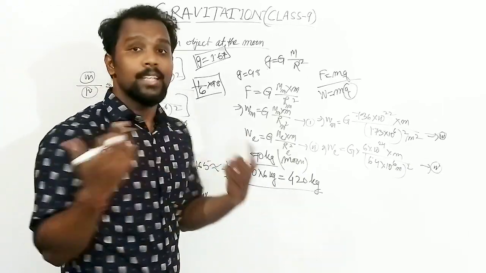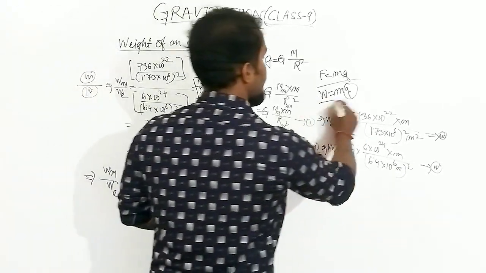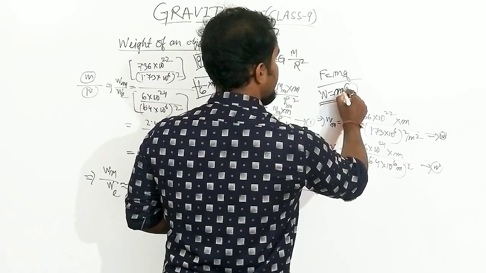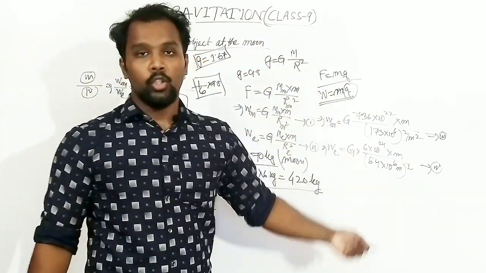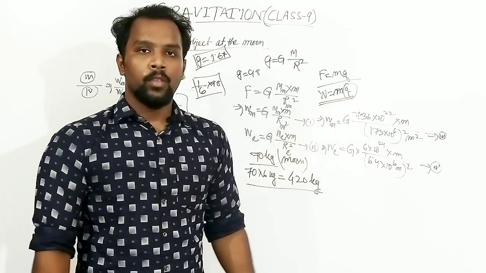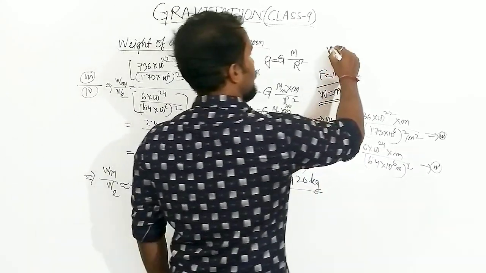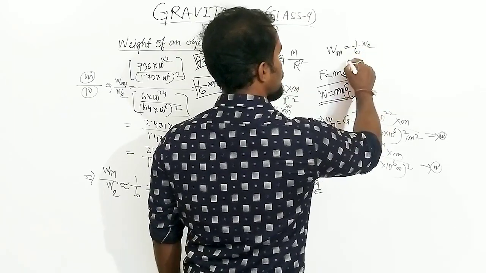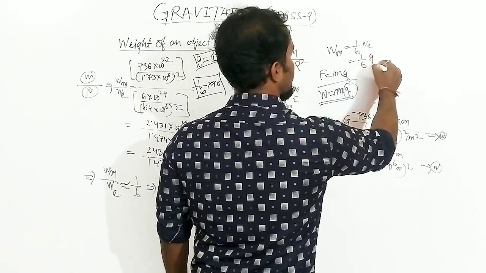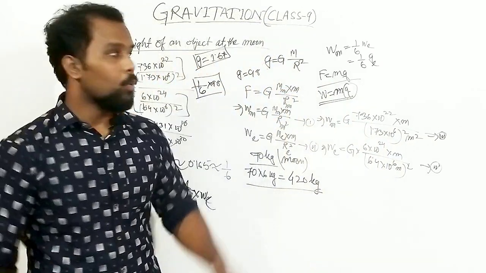How can we say that? Because weight is defined by mass into g, and mass is constant on both moon and earth. So what is the variable thing here? g. If mass is constant, I can write this. And what is the g value here?